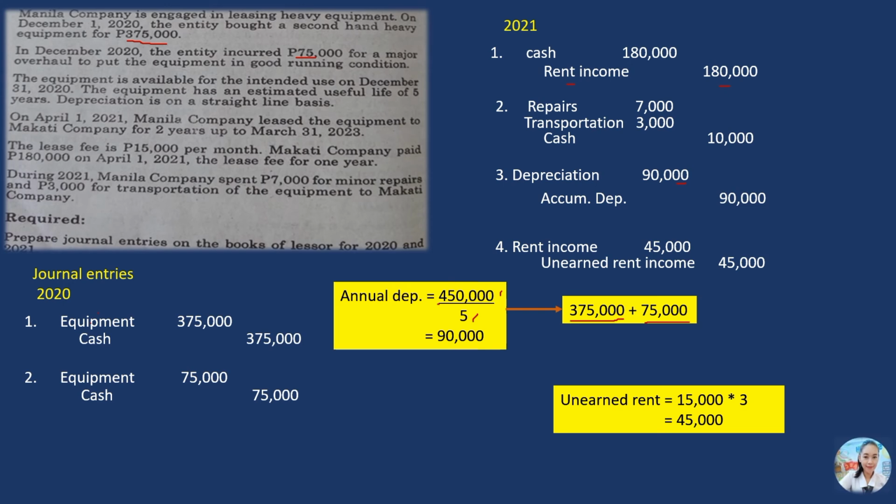So that's why we have here rent income of 45,000, and then the credit is unearned rent income. Alright, so that is all for my part.